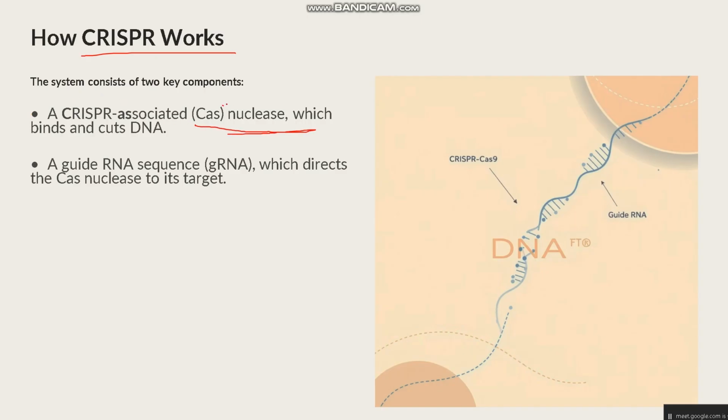Nuclease means that it cuts nucleotide sequences, which is why it is called nuclease. It is an enzyme which binds and cuts DNA. And second is a guide RNA sequence which directs the nuclease to its target.